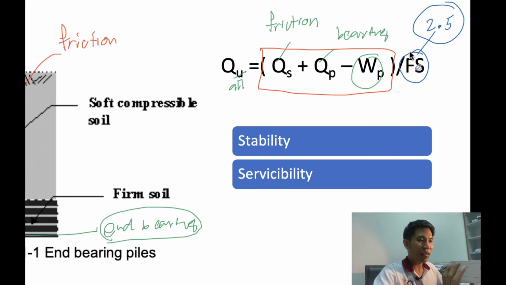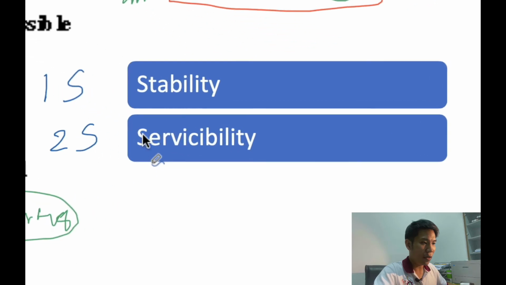The pile that resists the load should not have problems with respect to stability. This one is the first S, and the second one is the second S, the so-called serviceability. Stability means that the pile should have no failure at all.